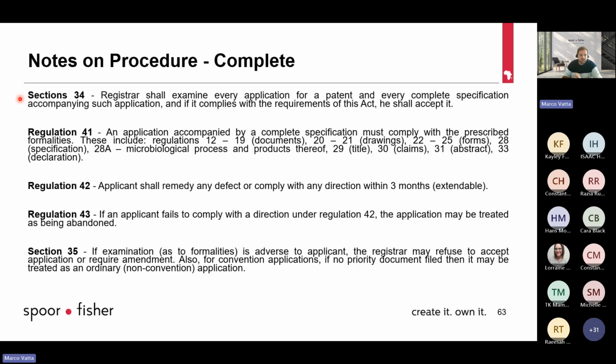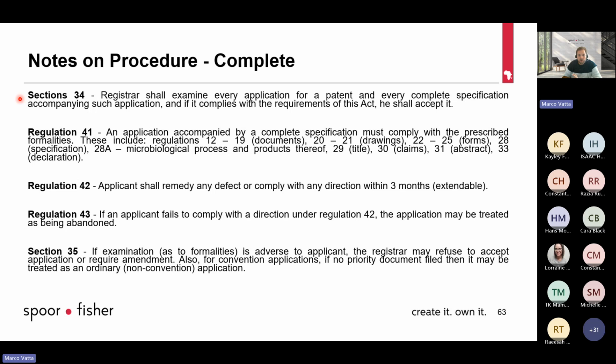It just says the registrar shall examine every application for compliance with the requirements of this Act. So it could be inferred that novelty, inventiveness, and industrial applicability fall under this ambit.